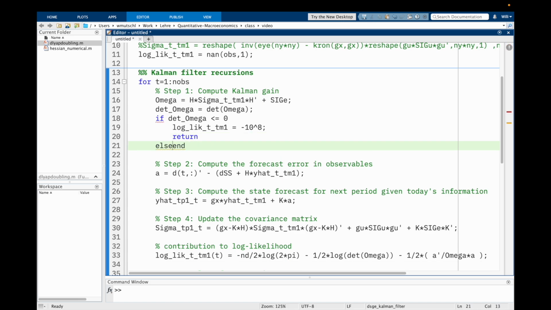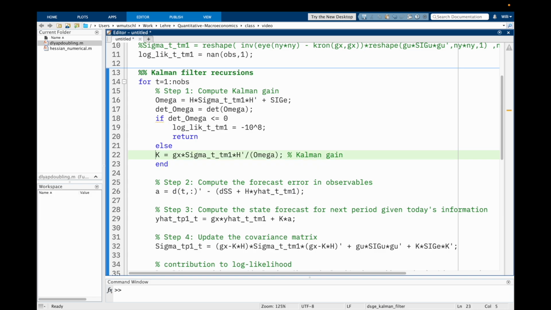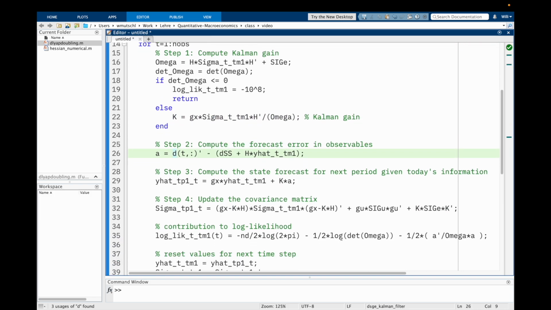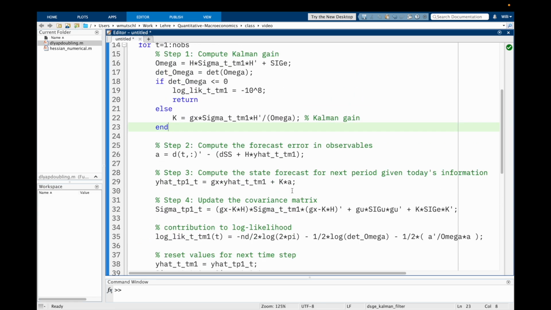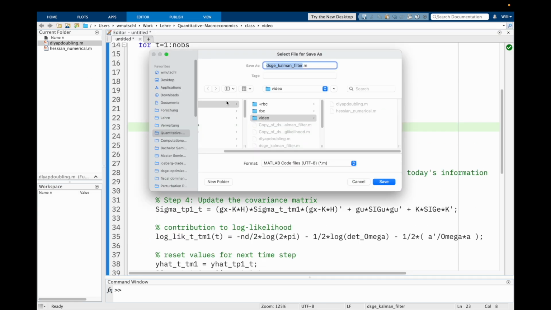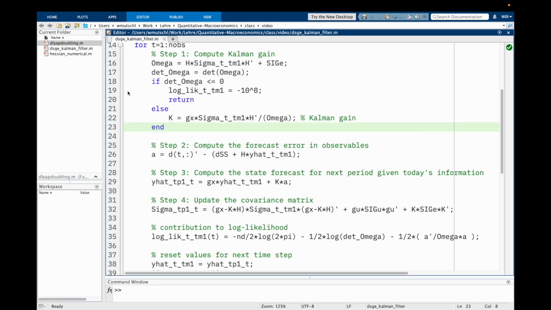If everything went well, I'm going to compute the Kalman gain. So in a sense, I do not have to compute it again, I can use that one. Okay, let me save this function and call that DSGE Kalman filter. We need to test this function.